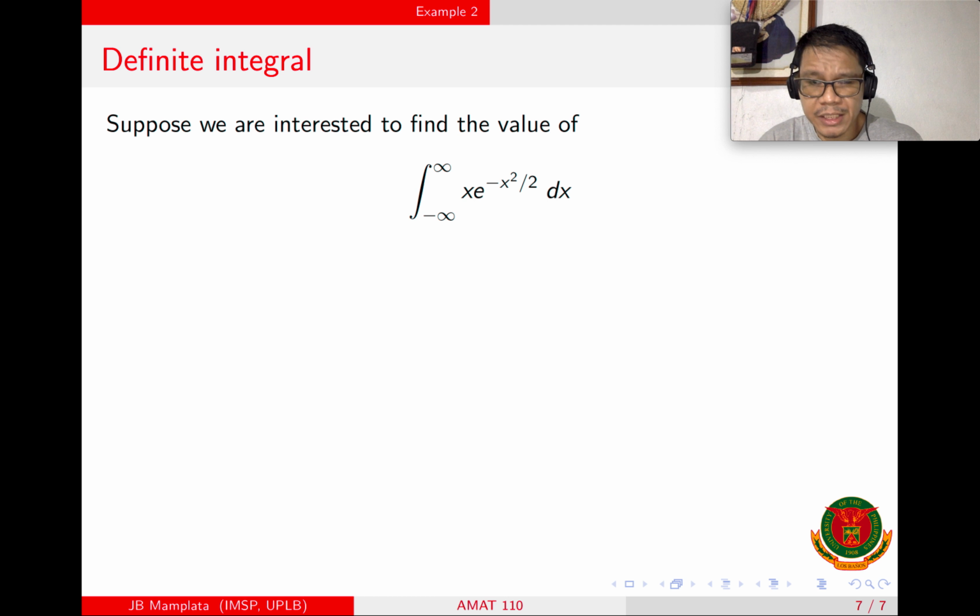the uniform distribution. So what we can do is, this expression, e to the negative x squared over 2, is actually a familiar distribution. Okay?